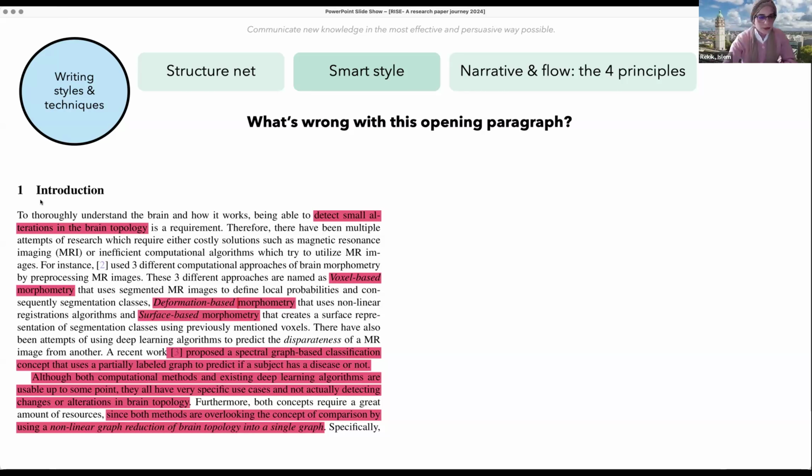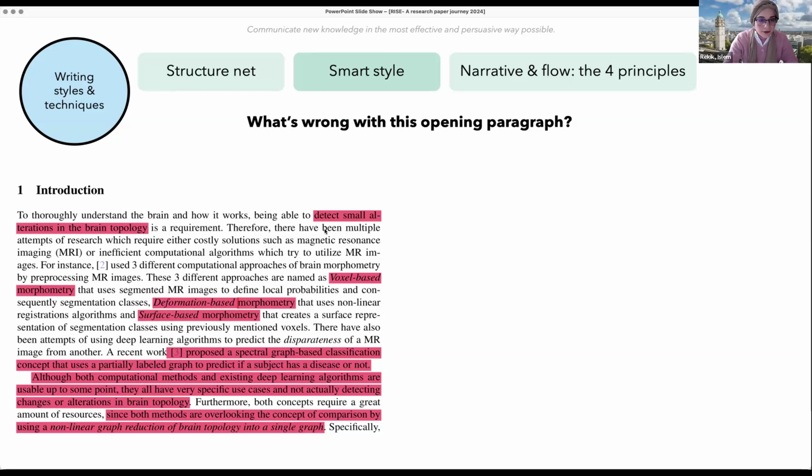So here it's talking about, okay, to thoroughly understand the brain and how it works, being able to detect small alterations in the brain topology is a requirement. Requirement here is not good. You need to use a dynamic word. It's not actually a requirement. The English is not incorrect, but the scientific writing is fully incorrect, okay? Also there is redundancy in passive sentences.